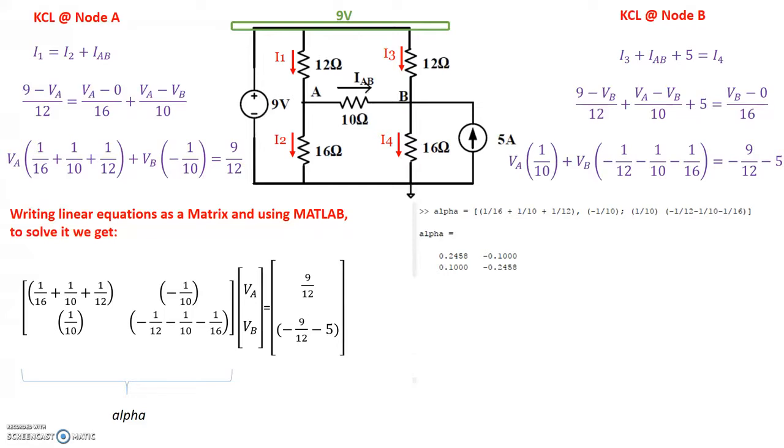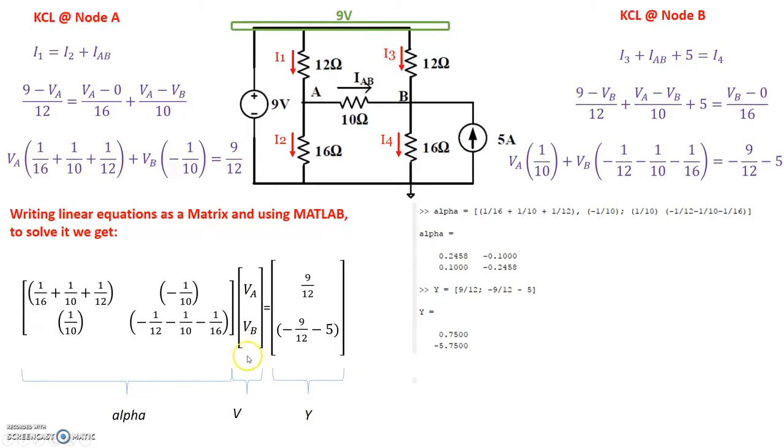Next, let's take the right-hand side expression, which is part of the matrix. Let's call that y and write that part in MATLAB. So y equals square brackets 9/12, semicolon, because we're starting a new row, minus 9/12 minus 5. In order to calculate this thing right here, we'll call that v.